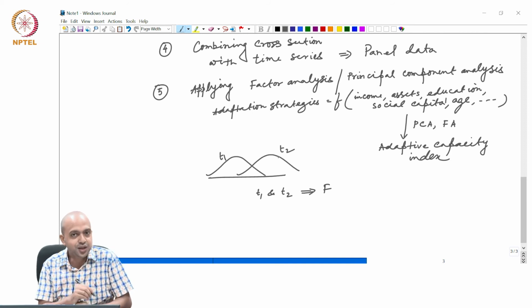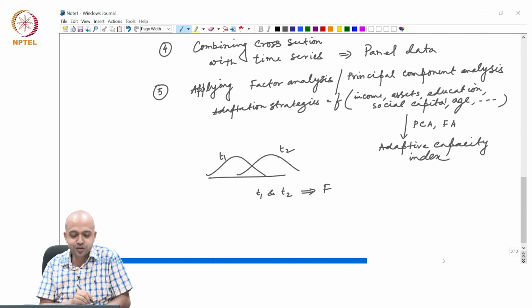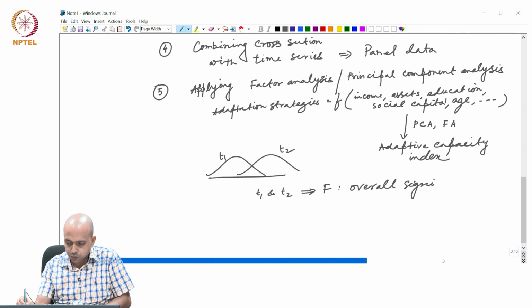Because you are drawing the distribution from the same sample, and that is why this F gains extra significance in this context. So, F gives you the overall significance of the model.